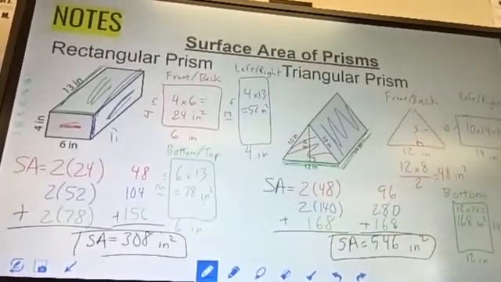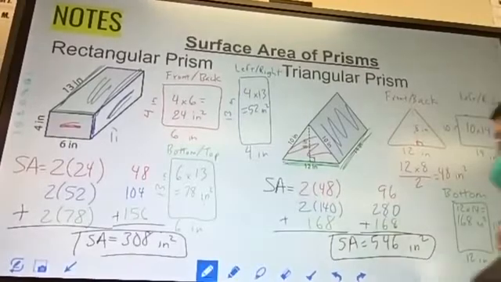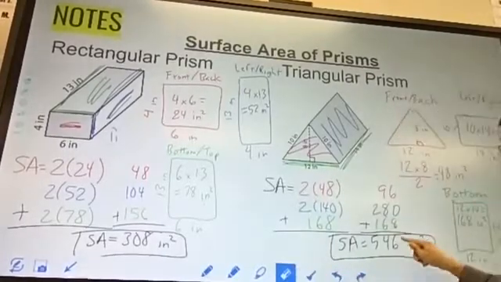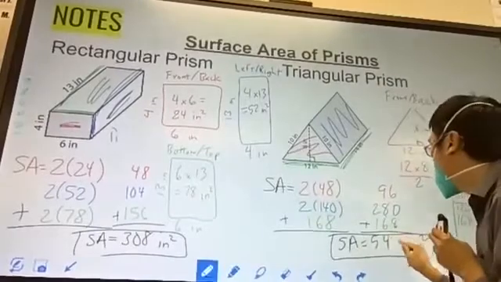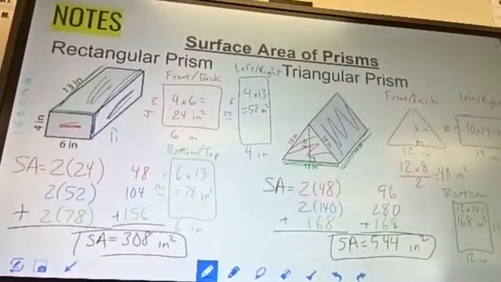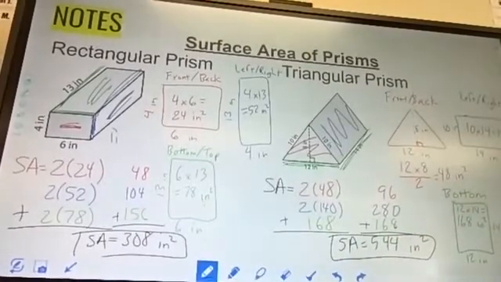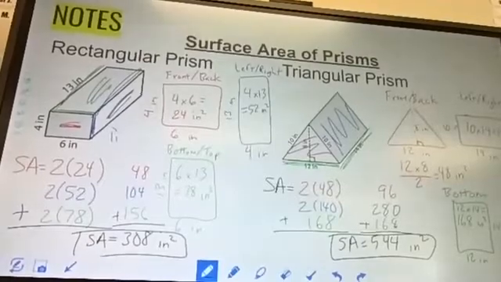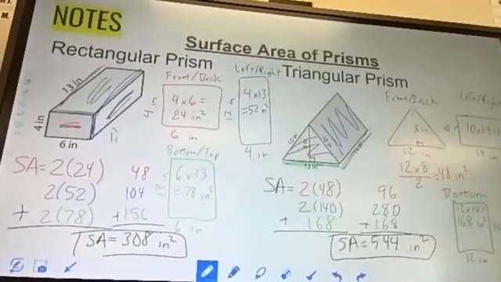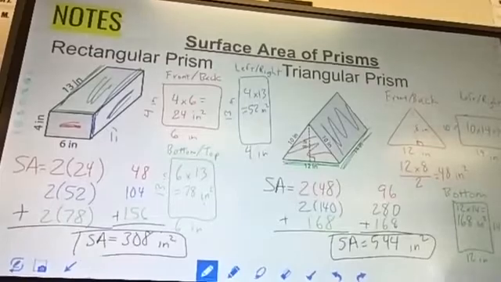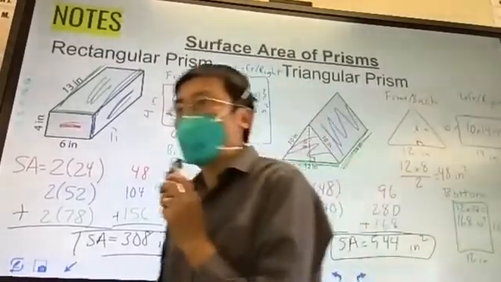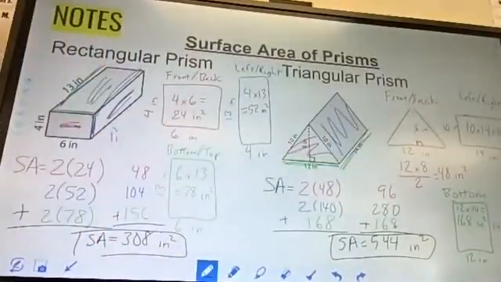So that's how you find the surface area of a rectangular prism as well as a triangular prism.